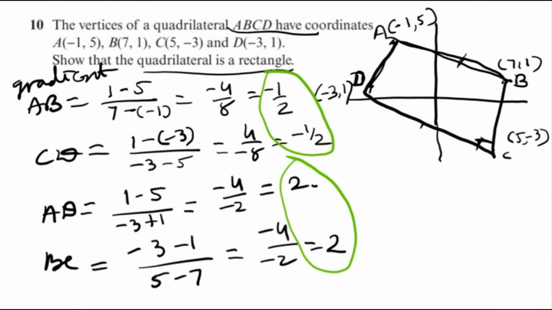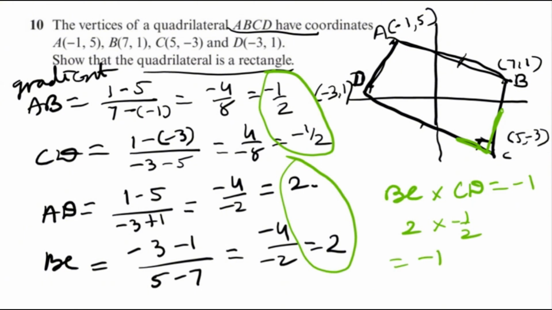Now we also have to prove these two adjacent sides are perpendicular to each other. So I can see line BC gradient times CD gradient should be minus 1. So let's check. BC gradient is 2. CD gradient is equal to minus half. When you simplify, you get minus 1.